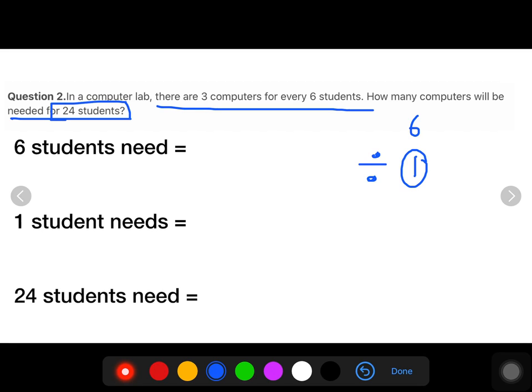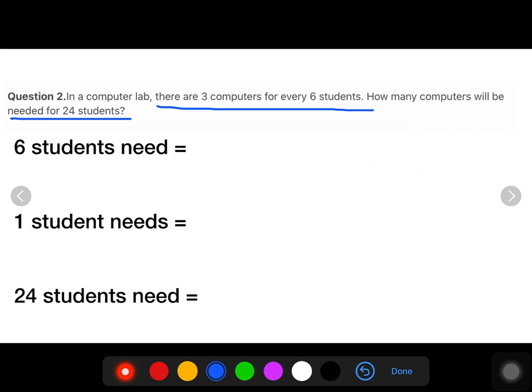For 24 students, how many computers are needed? So you will find the value for 24 students. From 1, if you find the value for a higher unit, you will multiply. So this is the unitary method. You first find for 1 unit and then for a higher value.